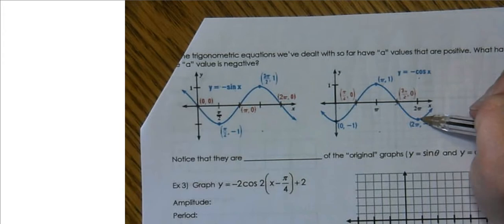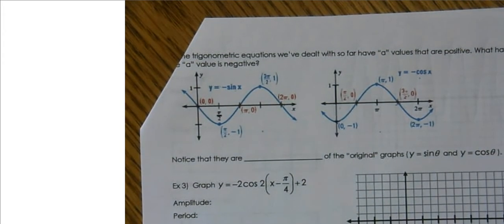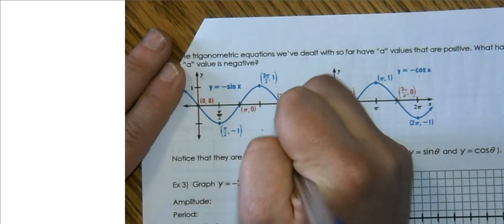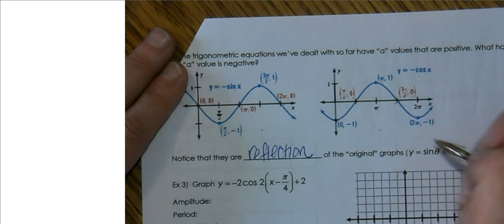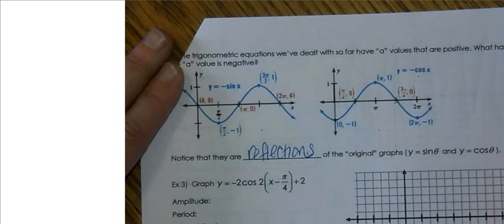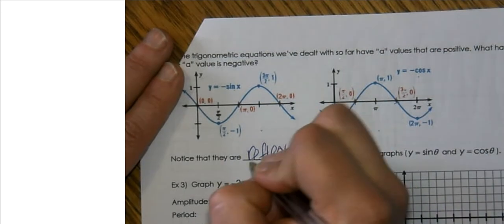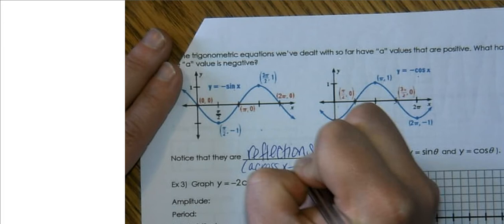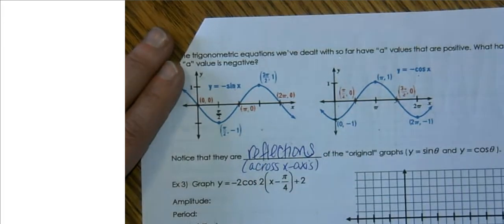So it's the complete opposite of what we are used to, and this is simply a reflection of the original graphs of y equals the sine of theta and y equals the cosine of theta. So these are reflections across the x-axis of what we are used to.